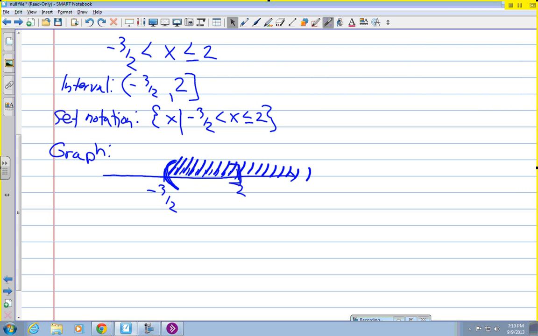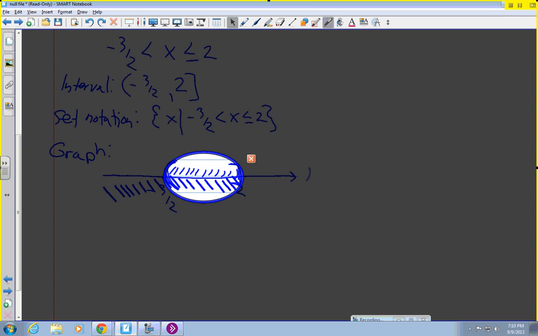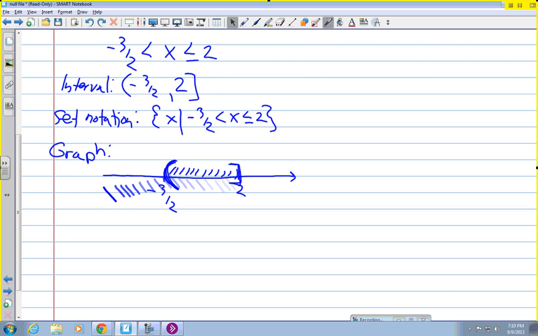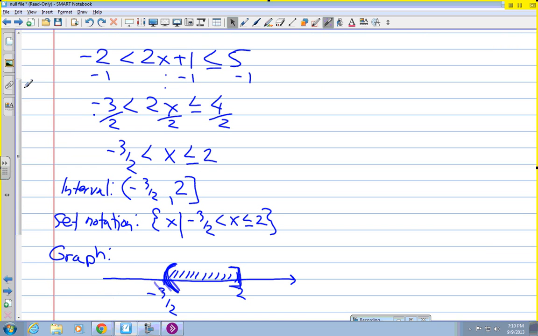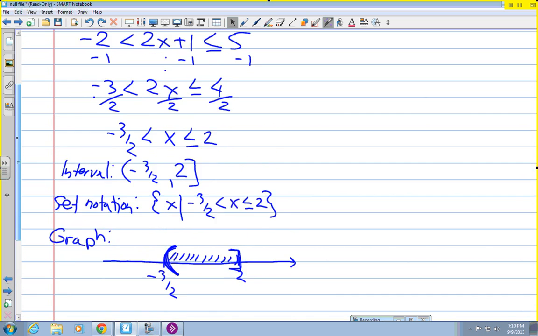But everything less than or equal to 2 is this set right there. This is where they overlap. This is their intersection. So when the inequalities follow each other in a pretty way like that, you're really dealing with an intersection of two sets.